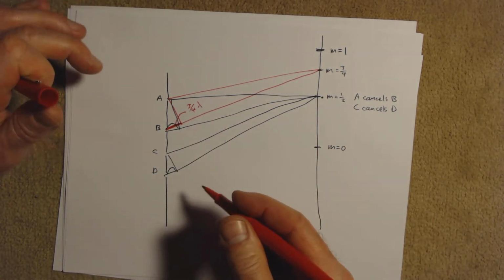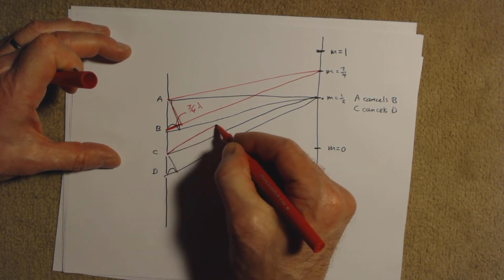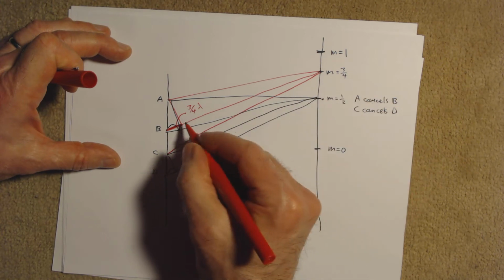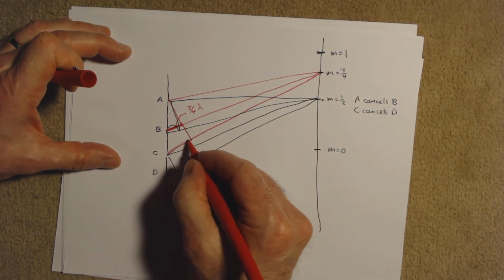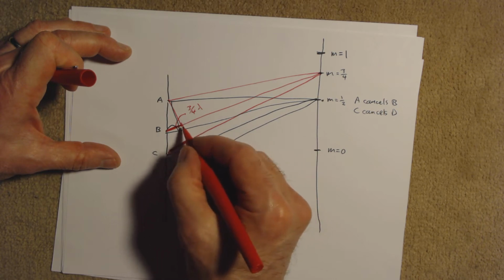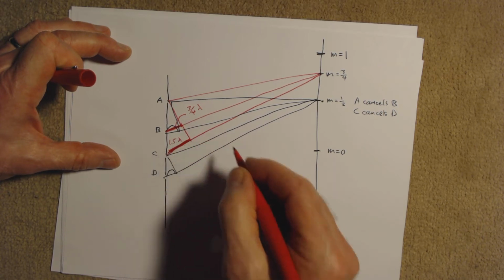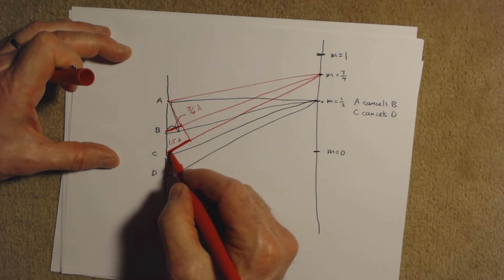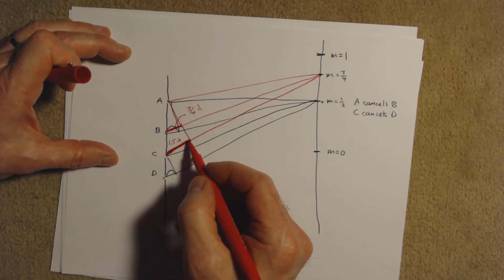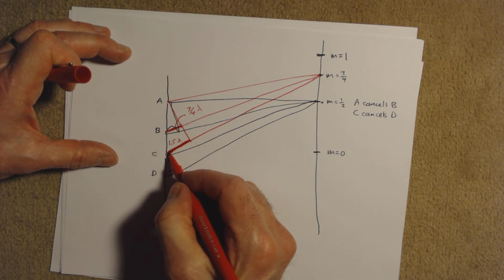So I'm not quite sure what to make of that, but now I know when I add C in, that the path length difference between A and C will be twice this. That is, this will be 1.5 lambda. So 1.5 lambda, that's going to give me destructive interference between A and B.